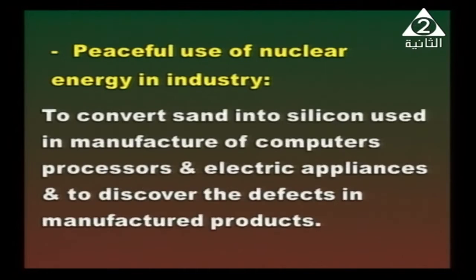We use nuclear energy in industry to convert sand into silicon, which is used in manufacture of computer processors and electric appliances. Also, it may be used to discover the defects in manufactured products. So, there are two uses of nuclear energy in industry.